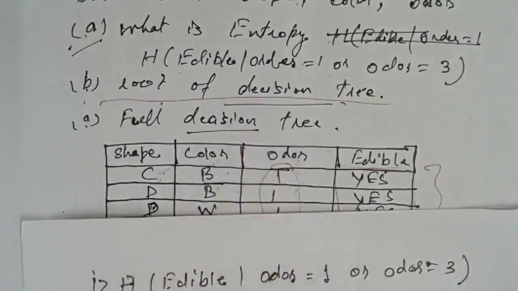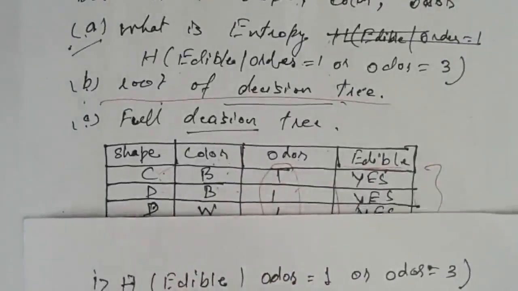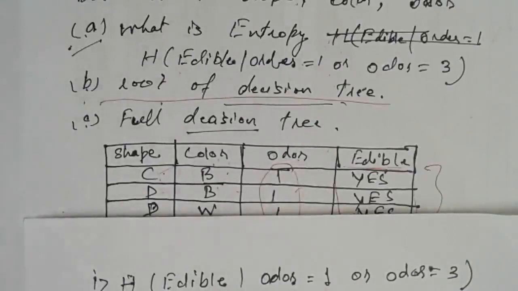Information gain is basically, as we have just discussed, the reduction in uncertainty. That is how we calculate the information. We know the entropy. If we take a particular decision, if we add some information, we calculate how much the entropy is reduced.